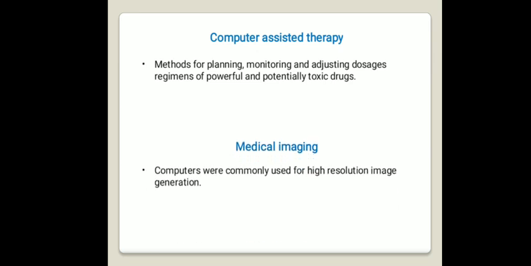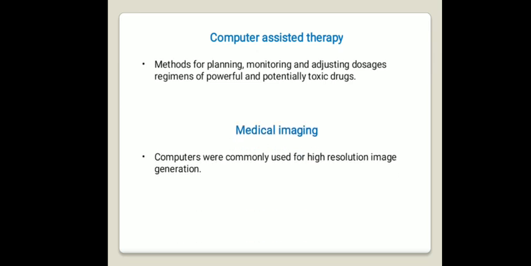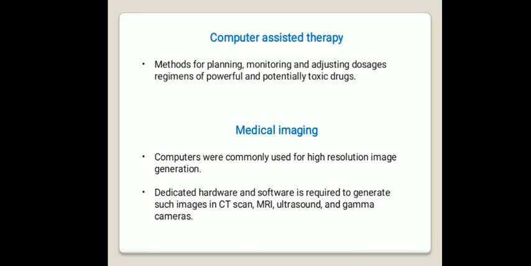Then the application of computers in medical imaging. During the last decade, computers were commonly used for high resolution image generation. Dedicated hardware and software is required to generate such images in CT scan, MRI, ultrasound, and gamma cameras.